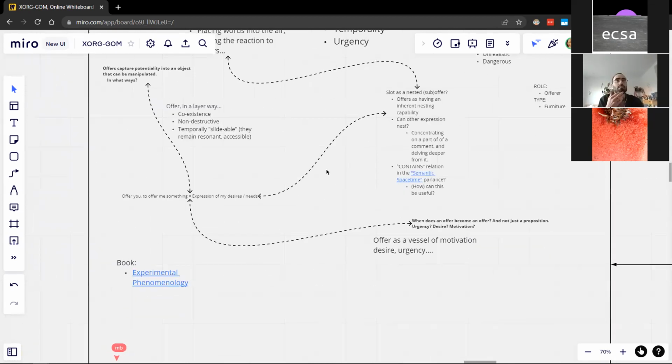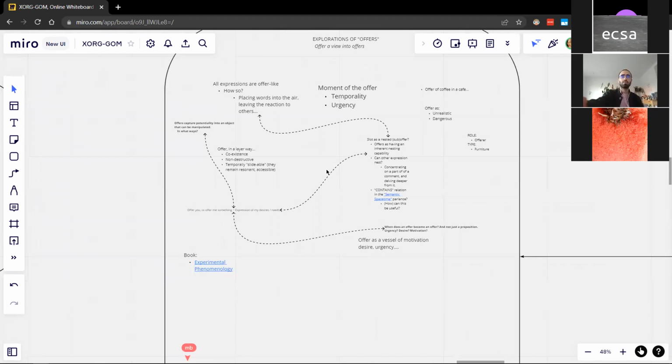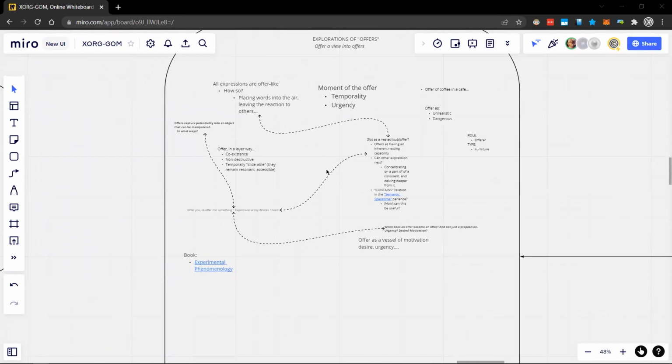And from the game board perspective, you could start to think, okay, how do I move here? You could even start playing this in the manner that everybody selects a starting point. Okay, I start from the slot as a nested sub offer, and I start building upon it. That direction could offer a whole other perspective, not to explode things again, but certainly could. Like, what if we play this as a board game?